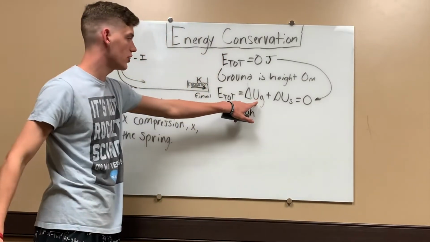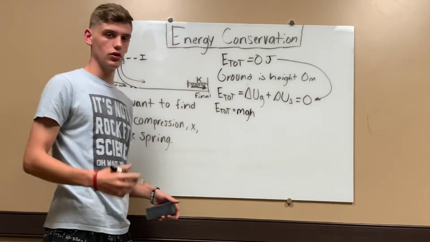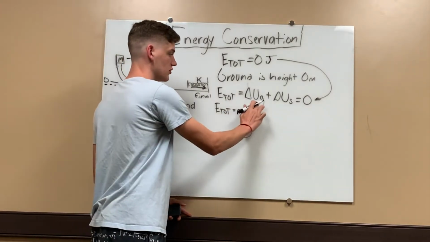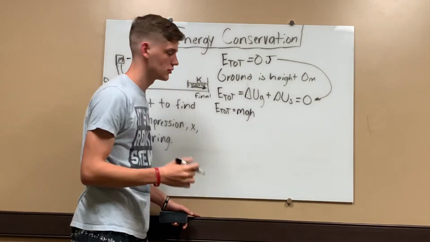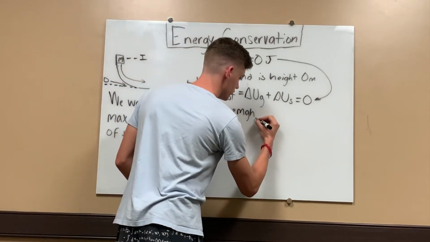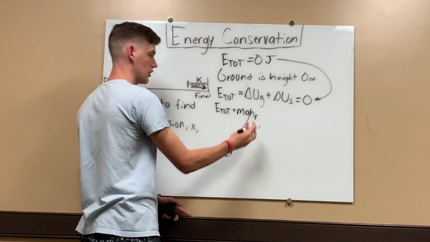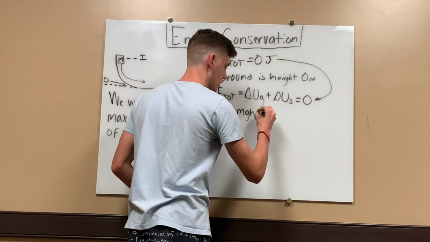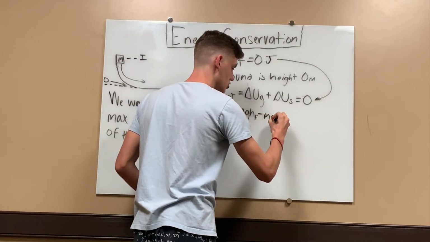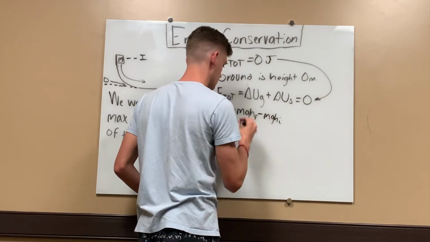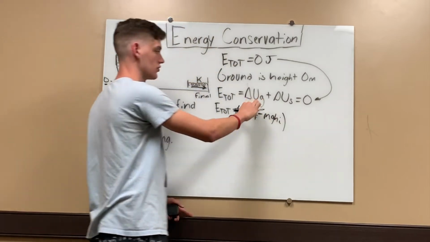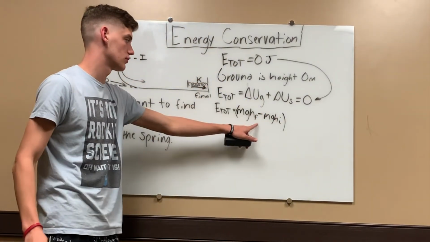But since we have a final and initial situation, we must subtract. The change in something is final minus initial. So what I'm going to write here is mgh final, which I'll denote with an F, minus mgh initial. That is what our potential energy due to gravity turns into.